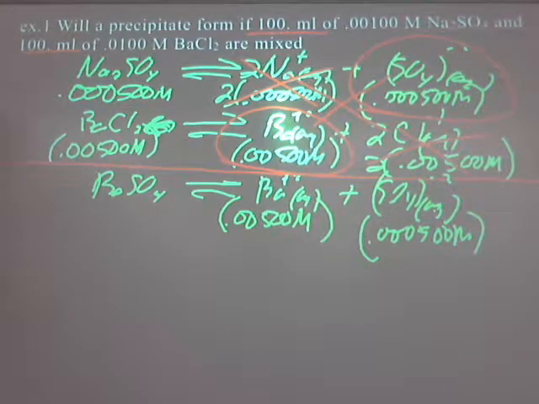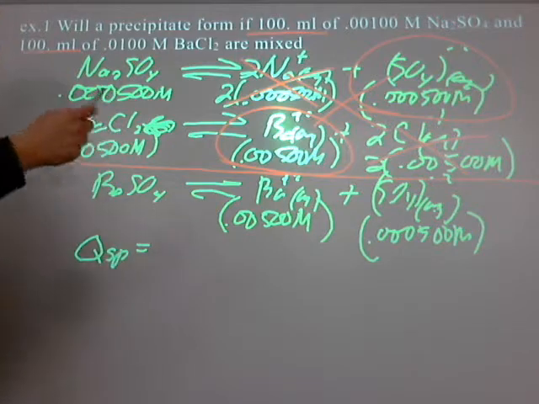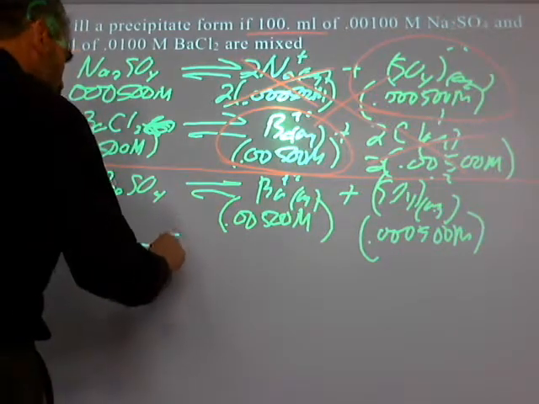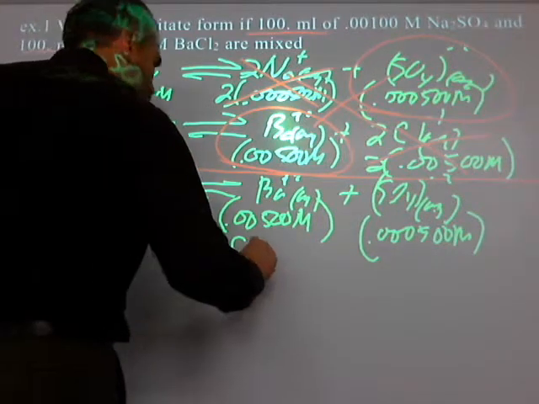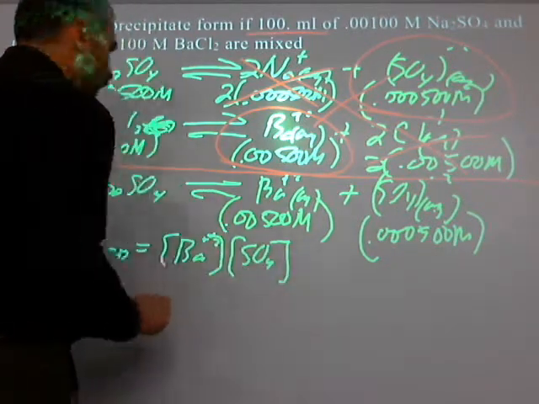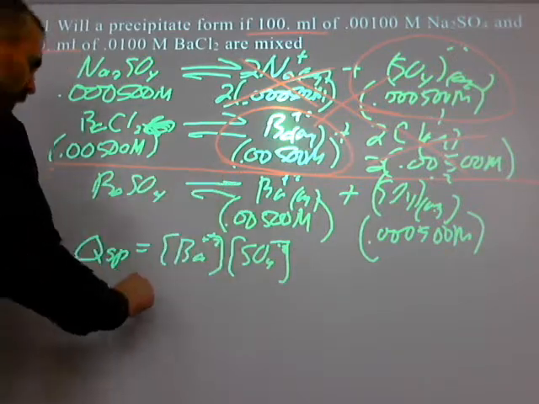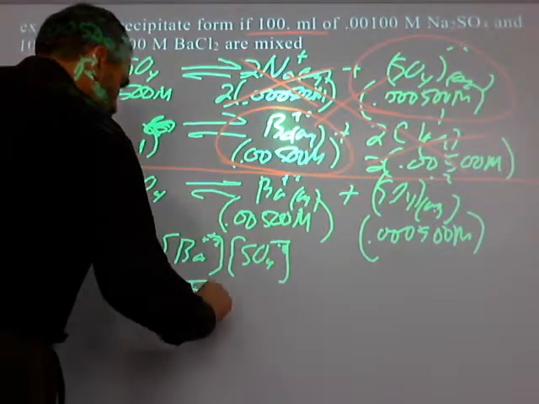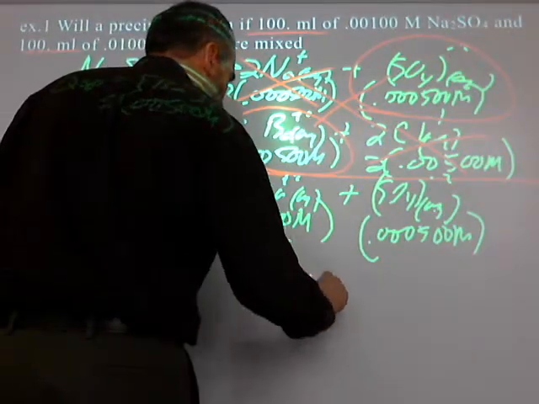All right. So let's do the Q for this. Q, remember, is just KSP, just not necessarily at equilibrium. So it's going to equal barium times sulfate, the equation for the barium sulfate equilibrium expression. And I get my numbers from barium being 0.00500 molar times 0.00050 molar.